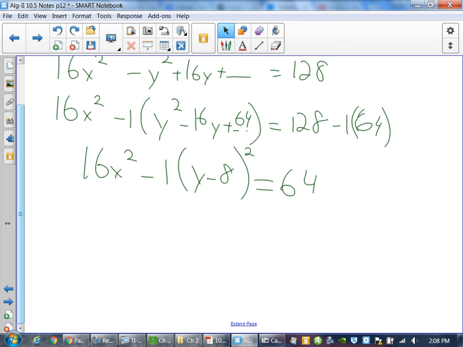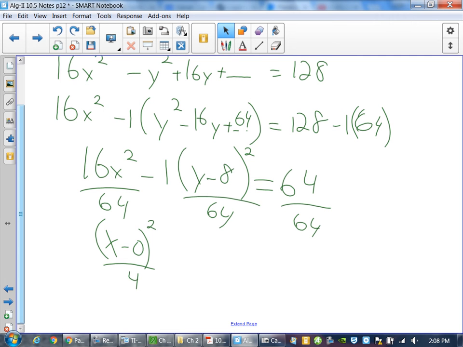And you get that. And now when you divide everything out, this is technically then x minus 0 quantity squared. 16 over 64 is 4, minus y minus 8 quantity squared over 64 is 1.